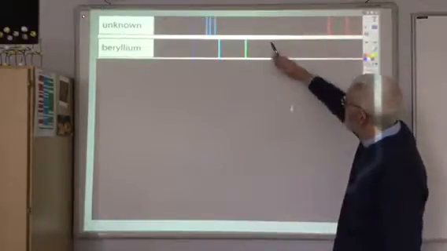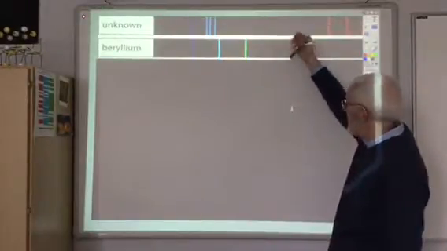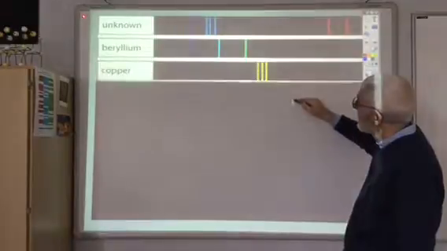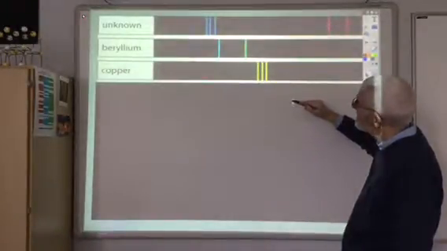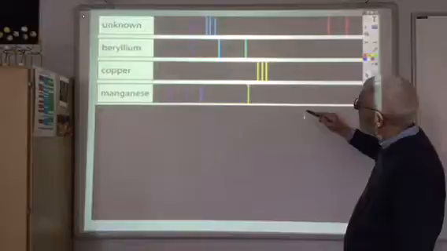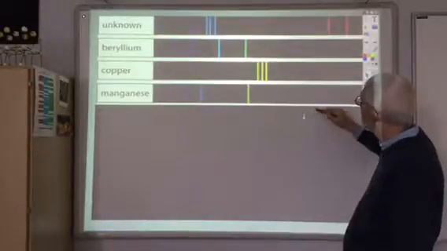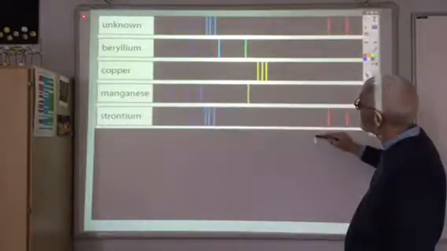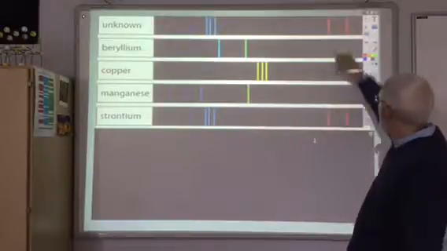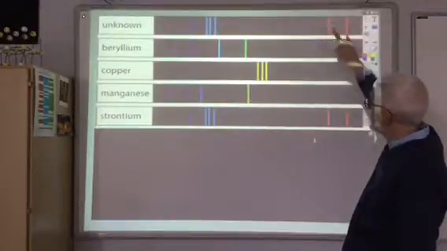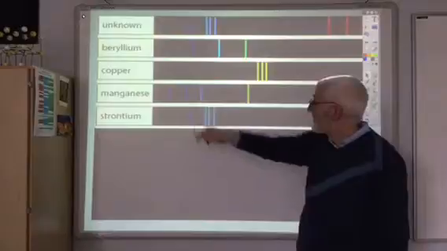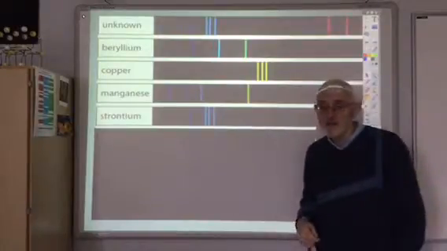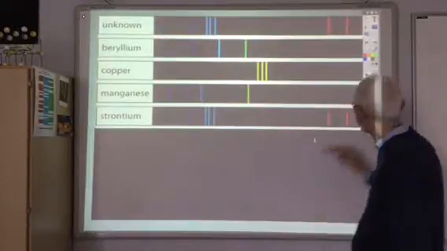Okay, our unknown is not beryllium because the wavelengths don't match up. What about copper? Nope, don't match up. Manganese? Nope, don't match up. Strontium? Yes, all the wavelengths that appear in our unknown sample appear in strontium. So we know that there's strontium in our sample.